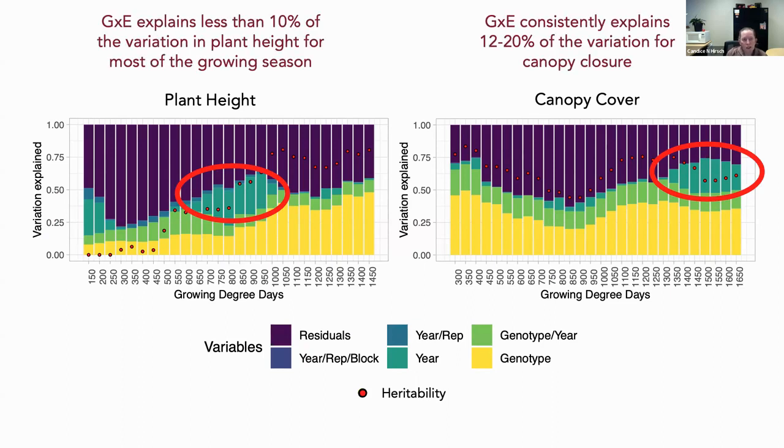And that G by E, so that interaction of a variety with its environment, is far greater, almost double the amount of variation explained by genotype by environment interactions for canopy cover as for plant height. So by using these different traits that we can pull out of drone imagery, we can understand different aspects of a plant's potential and its plasticity.